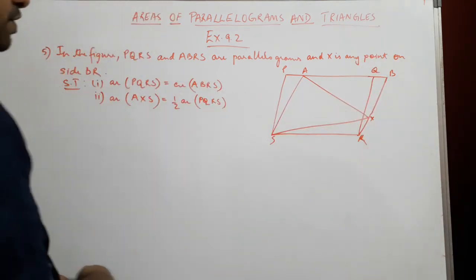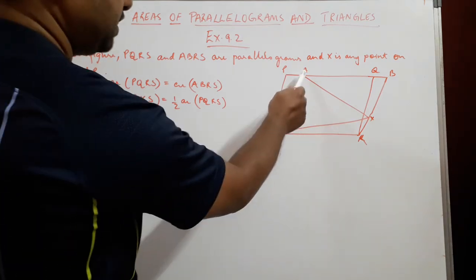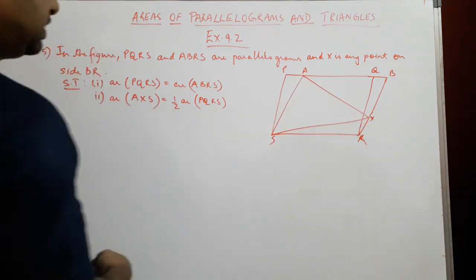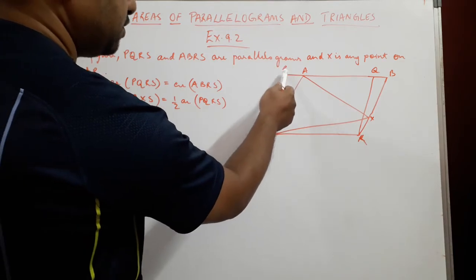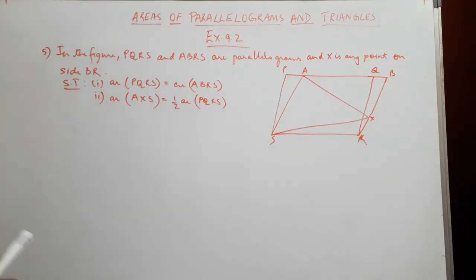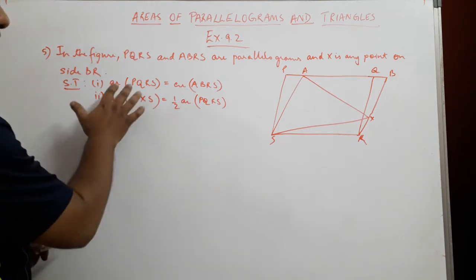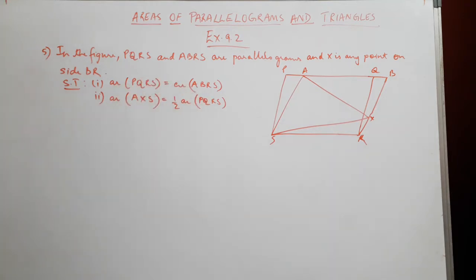We are asked to prove that the areas of the two parallelograms are equal, and we are also asked to show that this particular triangle AXS, the area of that is half the area of the parallelogram PQRS. Okay, so let us first begin by showing that the areas of the two parallelograms are equal to each other.